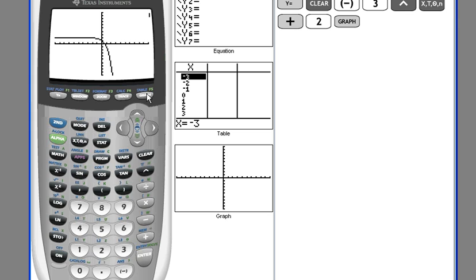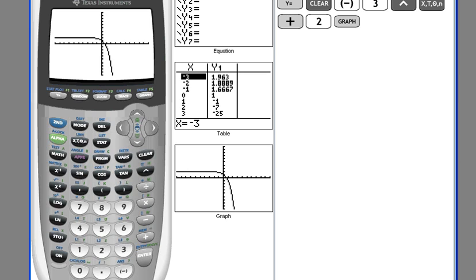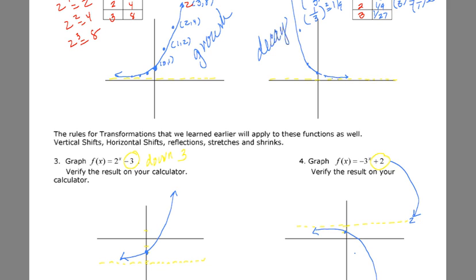The negative in front caused it to reflect across the x-axis, and the plus 2 caused it to move up 2 units. So my horizontal asymptote is up here at 2. If you go back to the graph, you'll notice how your graph was flipped over, and that's how the graph worked. So that's just the basic shape from our calculator of what the graph should look like.